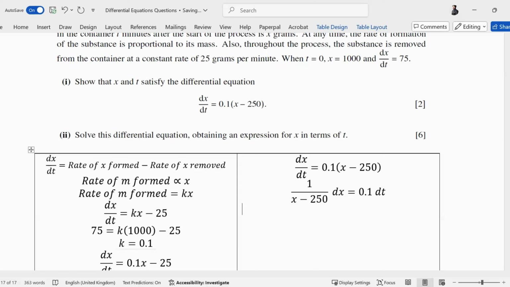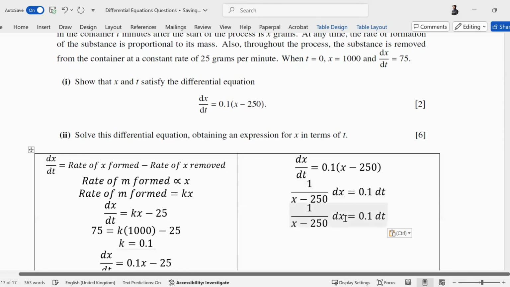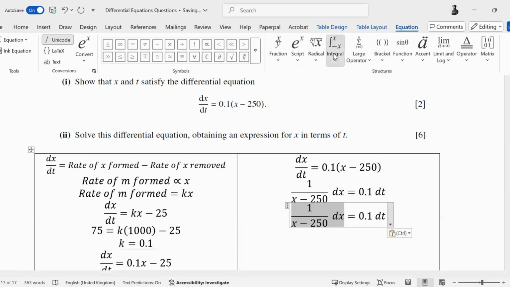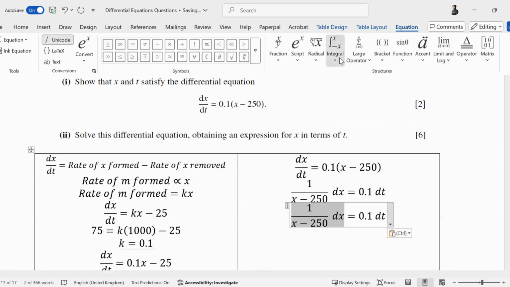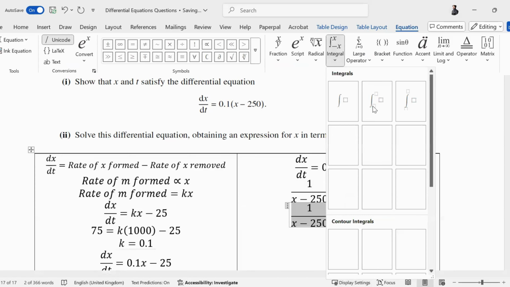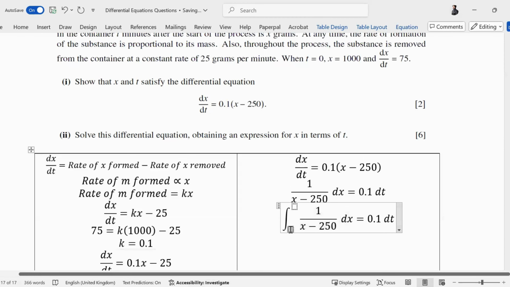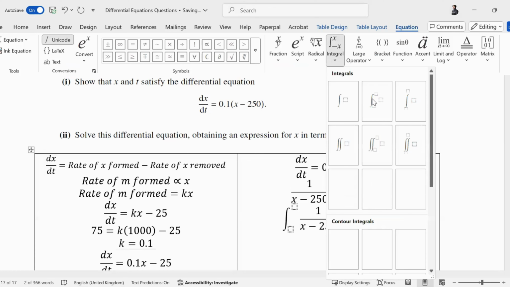Now can I integrate both sides? So I'll try to do this with definite integrals. It's very easy. So if I integrate it definitely, what am I saying? Let me first put the limits for both, then I'll show you.